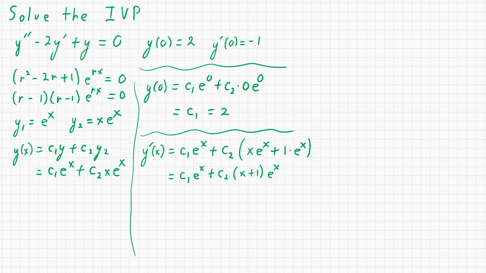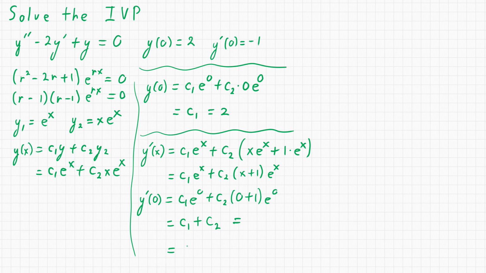All right, so now we have y prime. Now we're going to plug in 0 for x. Well then we get c1 e to the 0 plus c2 times (0 plus 1) e to the 0. That ends up being c1 plus c2. And we already know what c1 is, so let's go ahead here.